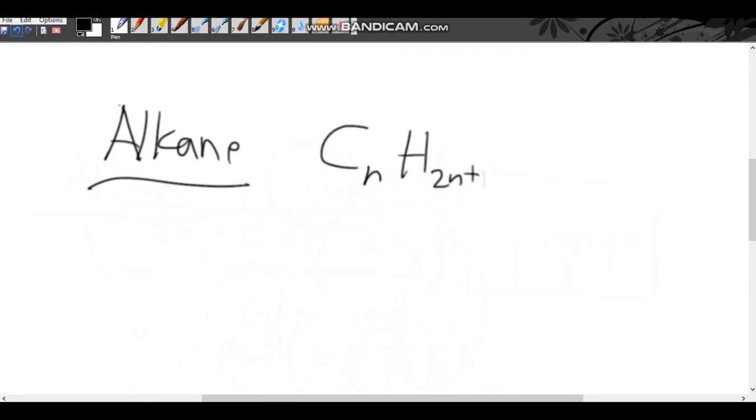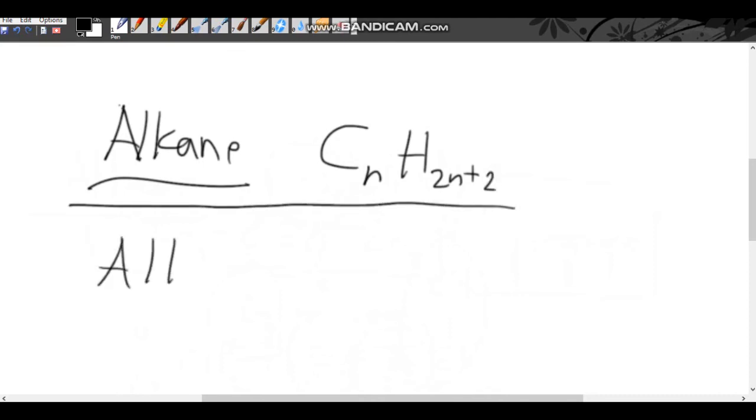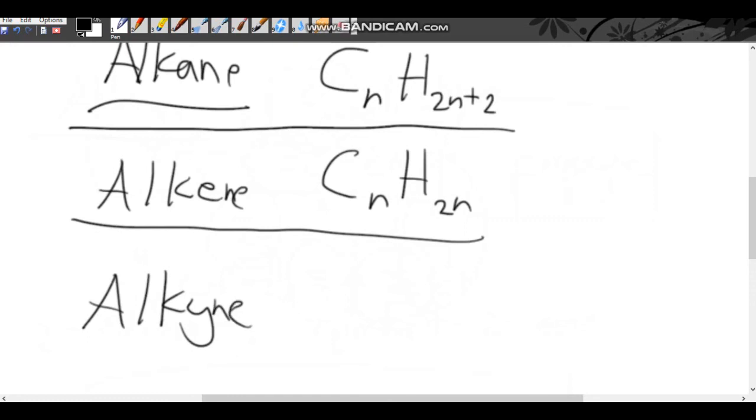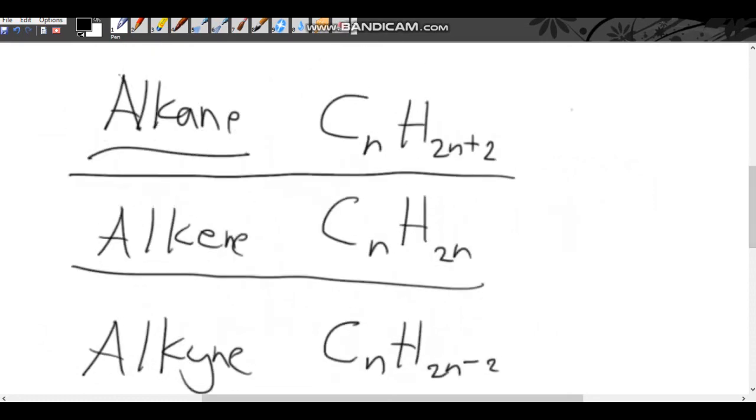Sorry, that's supposed to be 2 right there. For alkene, we have CnH2n. And for alkyne, we have CnH2n-2. And n, by the way, is an integer.